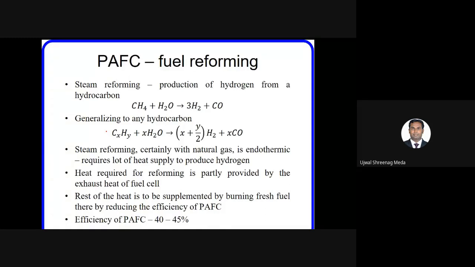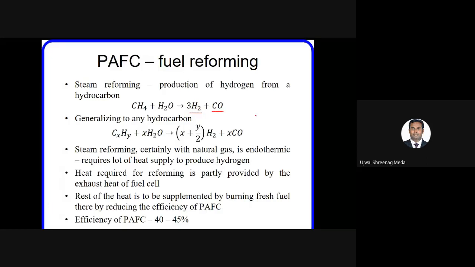The same method is used in the PAFC as well. What you do here is you allow the hydrocarbons to react with steam, and hydrogen and carbon monoxide are generated. Let's take an example of the simplest hydrocarbon, that is methane. Methane reacts with steam, which is nothing but water, generating hydrogen and carbon monoxide.